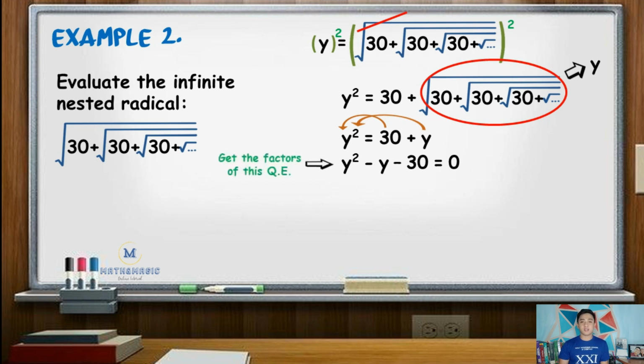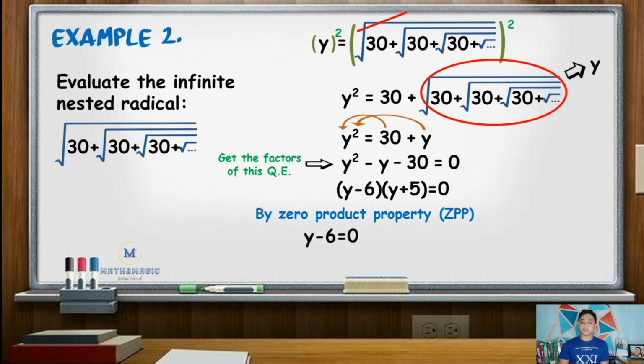Getting the factor of the left side of this equation, we'll have quantity y minus 6 and quantity y plus 5. Using zero product property or equating both factors by 0, we have y minus 6 equals 0 and y plus 5 equals 0. This now brings the values of y of positive 6 and negative 5.